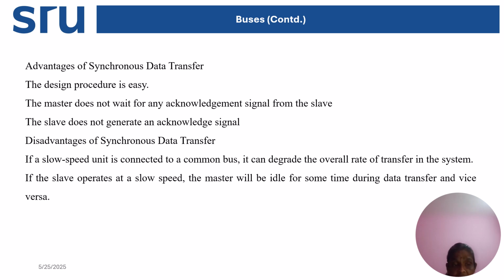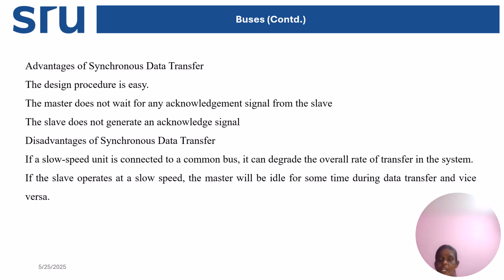And the disadvantage: slow speed devices are connected to the common bus, which is shared by the master as well as the slave. So the master is high speed, and the slave is slow speed on the same bus. Anyway, the master has to wait for some time to let all slaves receive the data.